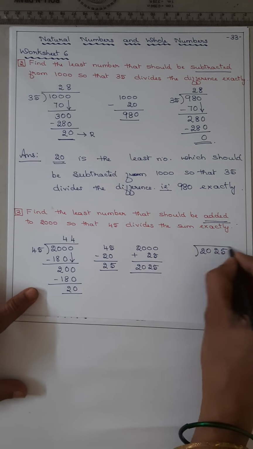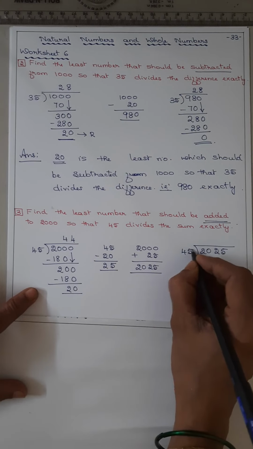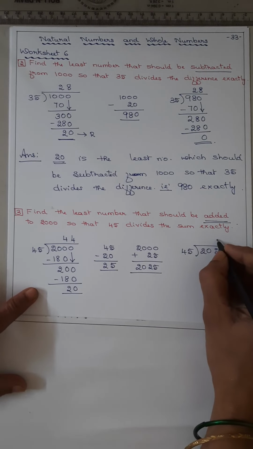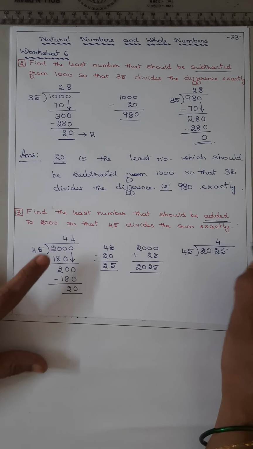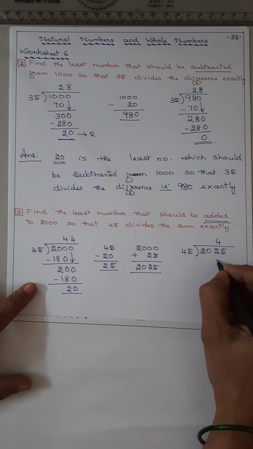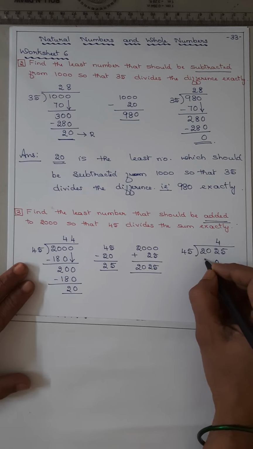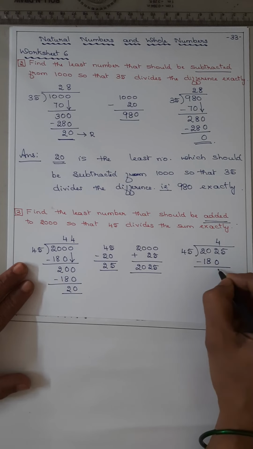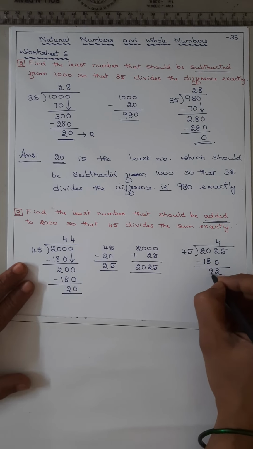Now you check 2025 divided by 45. 4 5s are 20, 4 4s are 16, 17, 18, 2, 10 minus 8, 2, bring 5 down.